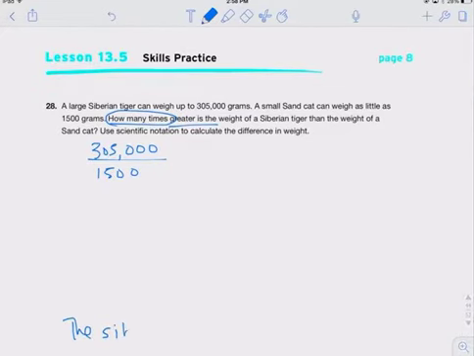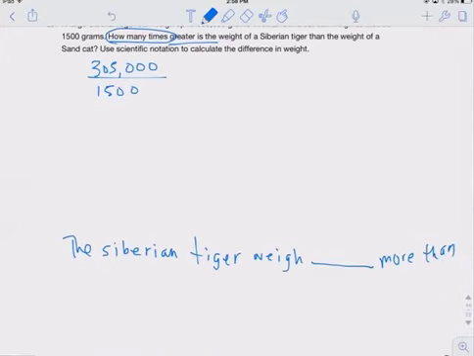So I don't forget that every answer needs to be in a complete sentence. The Siberian tiger weighs blank times more than a sand cat.